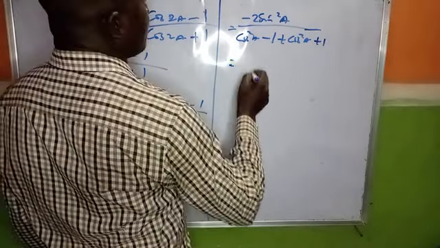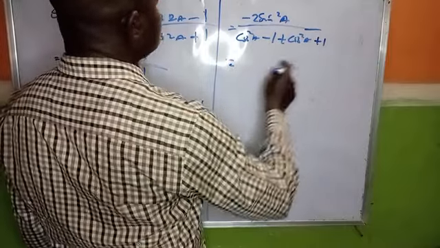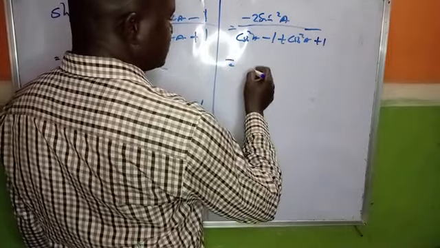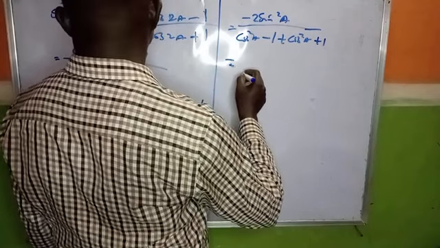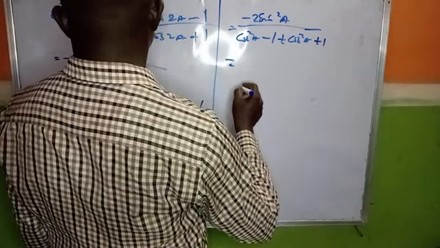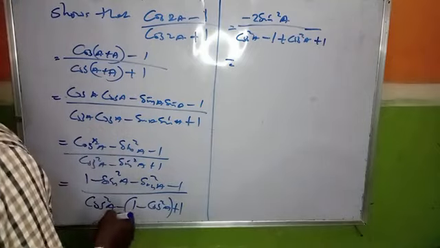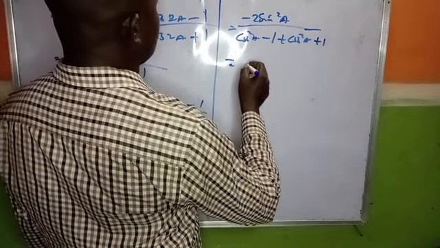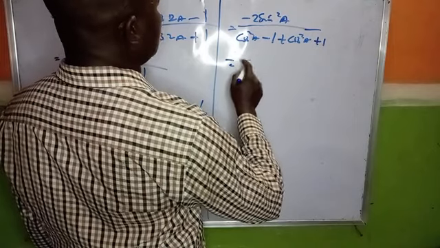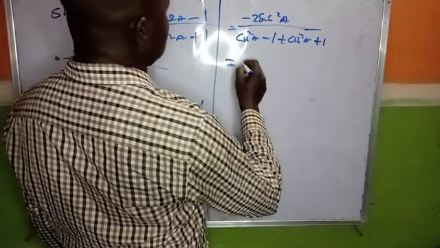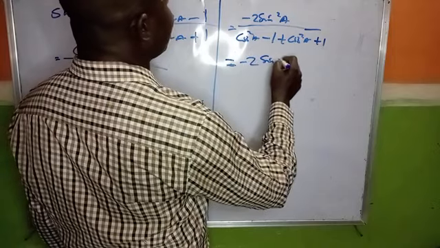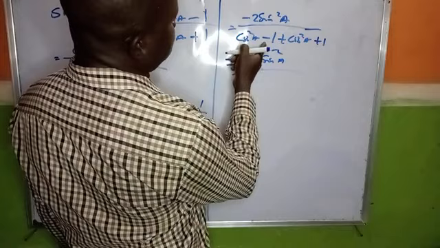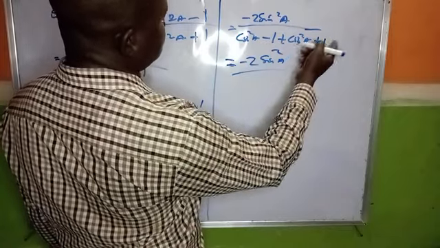So what you have here, minus 1 minus this, you have minus 2 sine square A divided by, now look, this has gone.